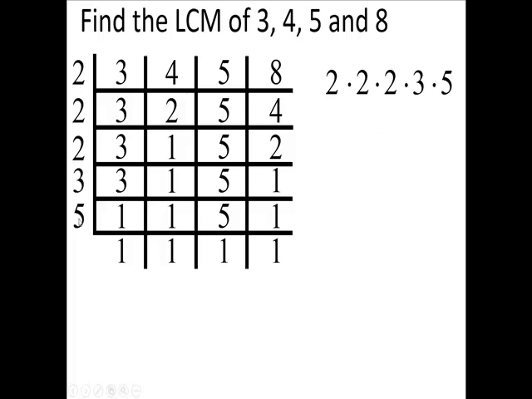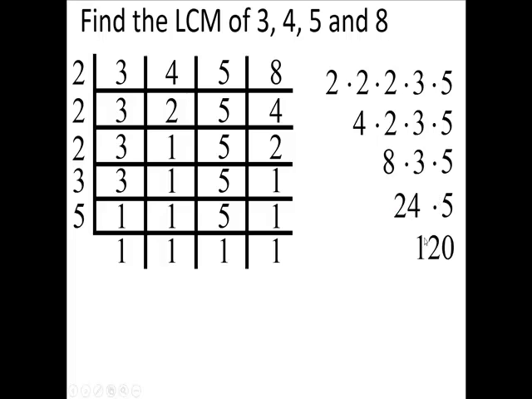I just copied these answers over here. 2 times 2 is 4, 4 times 2 is 8, 8 times 3 is 24, and 24 times 5 is 120. So 120 is the LCD, the least common multiple, the LCM or the LCD.